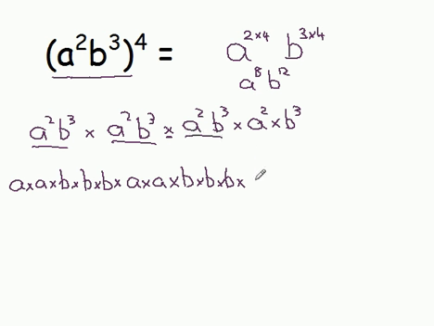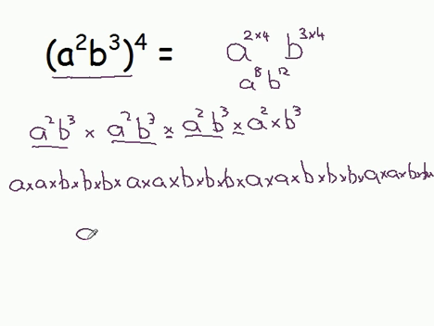Now this is a times b times b times b. I'm running out of space here. Then we've got times, and I'm going to have to start writing smaller: a times b times b times b. Anyway, this is really tedious, as you can see.